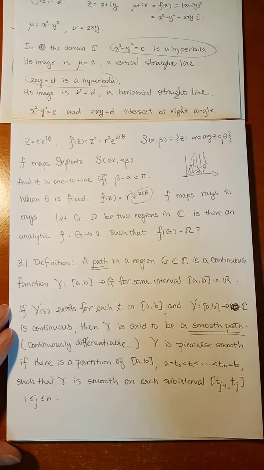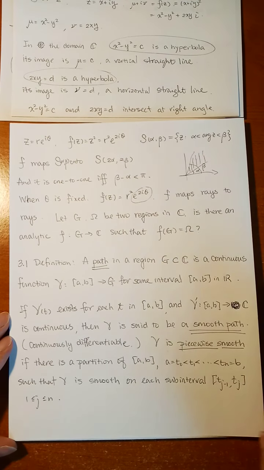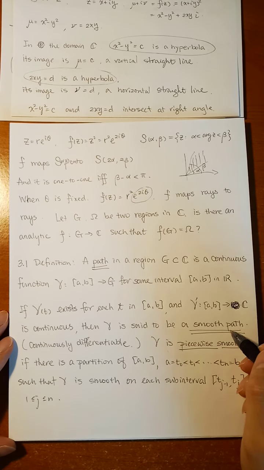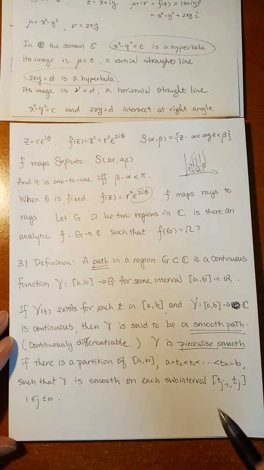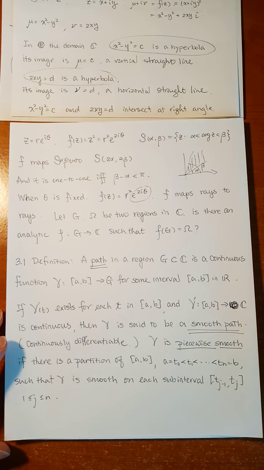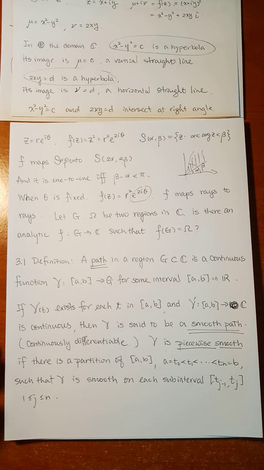So basically, what is piecewise smooth? Piecewise smooth means gamma is almost a smooth path, but with finitely many bad points. Almost smooth, except finitely many bad points. Okay. All right.